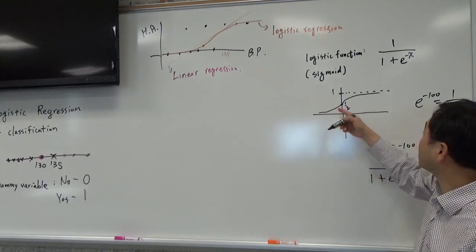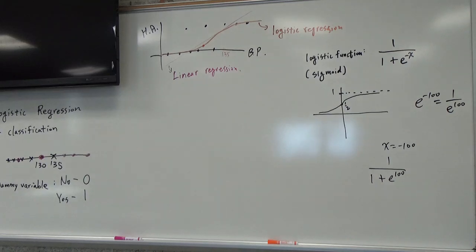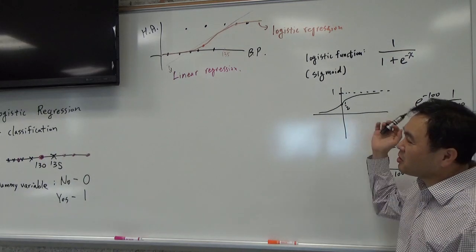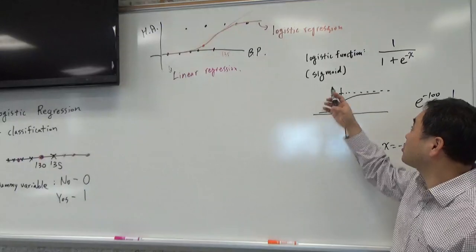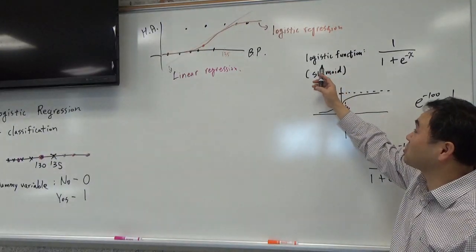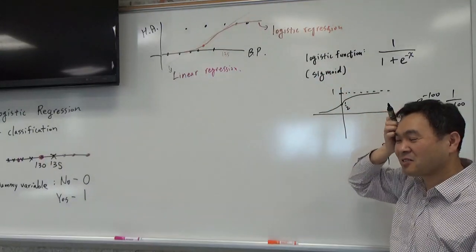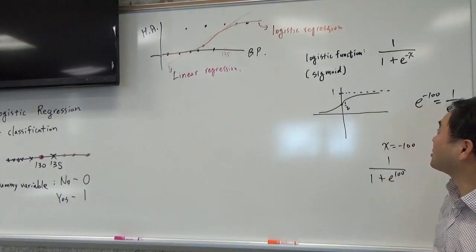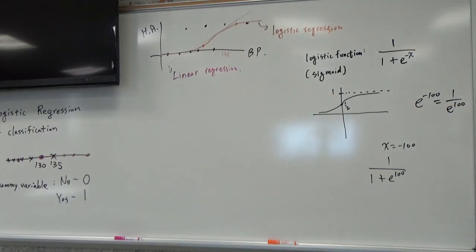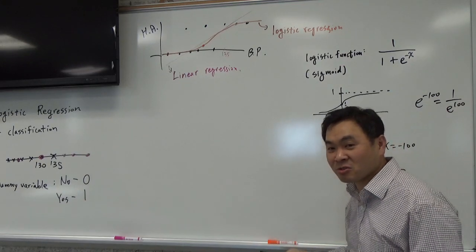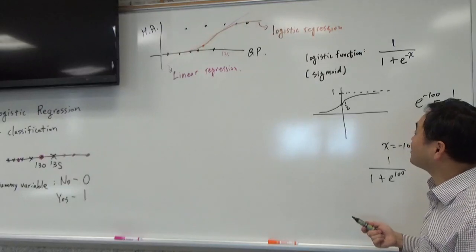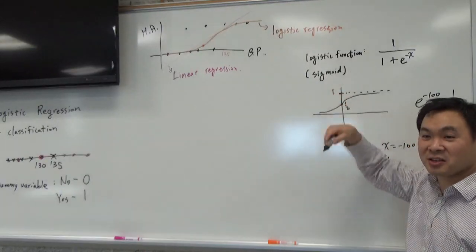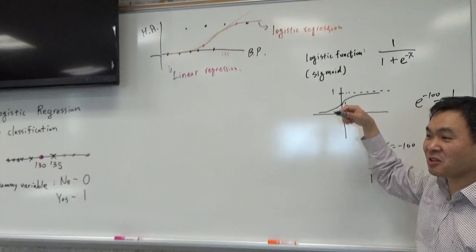Okay? And this function is called the logistic function. I looked up Wikipedia some time ago trying to figure out why they call this the logistic function, and I couldn't really make sense out of it. It seemed like a lot of the old math books were written in French because French had advanced calculus, and as they were translating, some of the words got translated in a weird way.